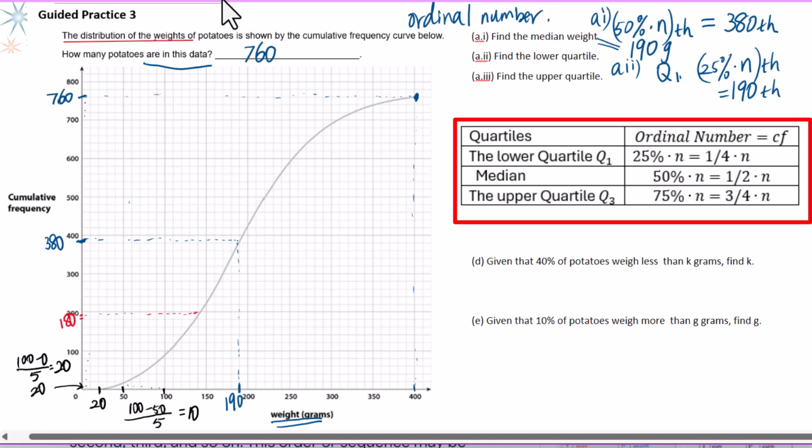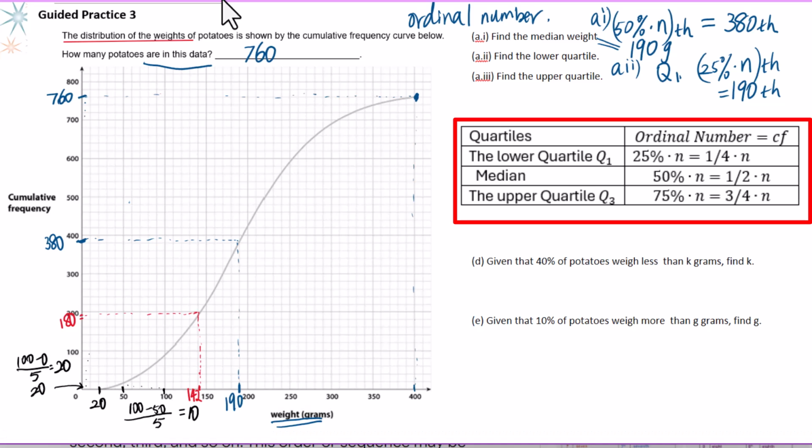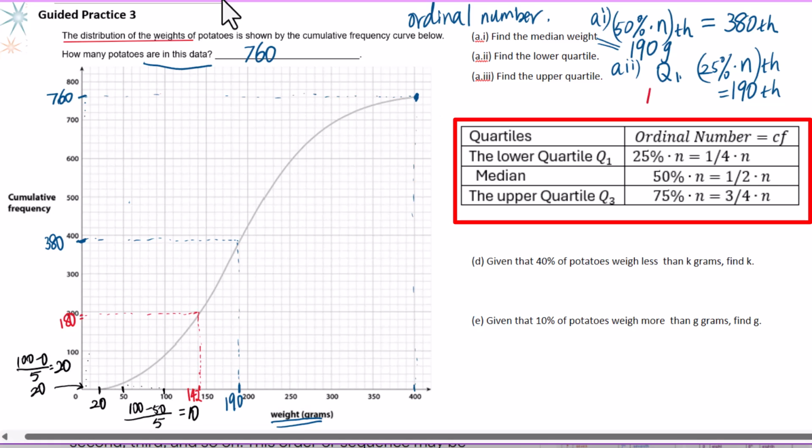In the middle, then you're going down. Just estimate. You could use 142, 143, and so on. As long as your answer is between 140 and 150, we count that as correct. So 142 grams is the first quartile.